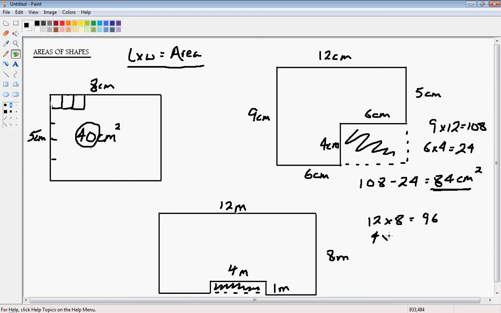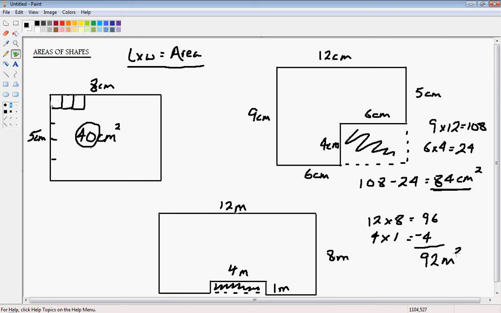So this little area here that's been cut out is 4 times 1, which is 4. Now remember, we're dealing only in meters here, so this is meters squared, and this piece has been cut out, so we're going to take this away.